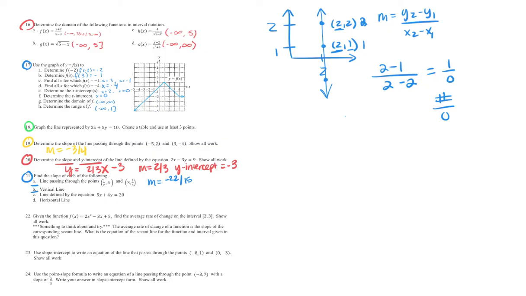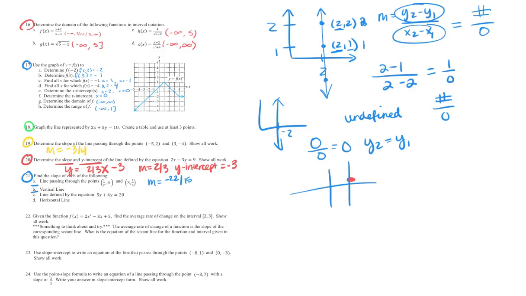The y2 and y1 could never give 0 over 0, because that would mean y2 equals y1, which would mean we'd just be doing the same point again. It actually wouldn't be a line, it'd just be a point. So no matter where you place this, whether at 2 or negative 2, these x values will always be the same, which means we'll always get an undefined slope with a vertical line.